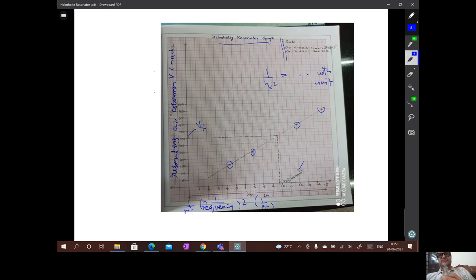You take a small piece of thread and measure the circumference, and from there you can calculate the area, right? Because the circumference is 2 pi r, you can calculate the radius. So pi r square is the area, so you can calculate it.